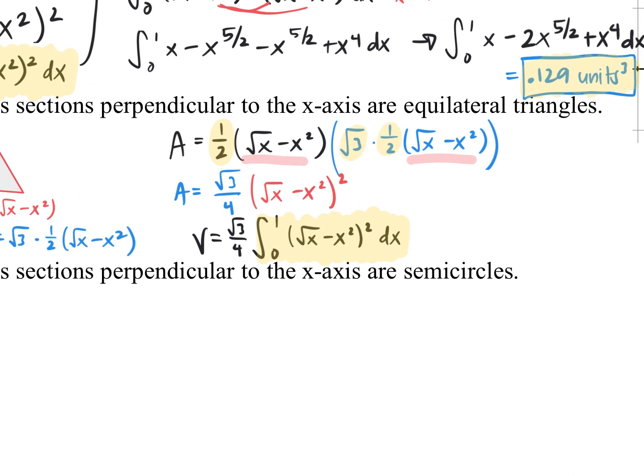Okay, so our volume is just the square root of 3 over 4 times 0.129. Okay, and honestly, if you want to multiply this in your calculator, you can. If you want to leave your answer like this is also fine with me. Okay, so I'm just going to put units cubed.